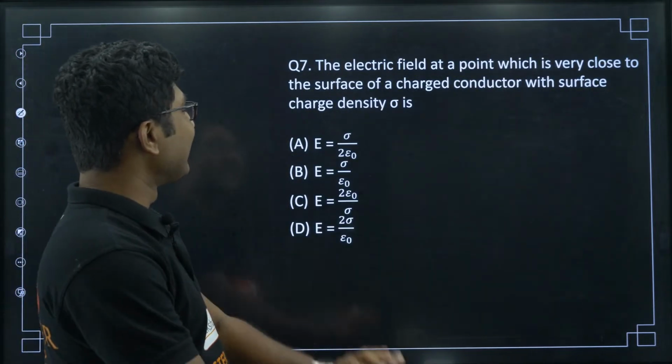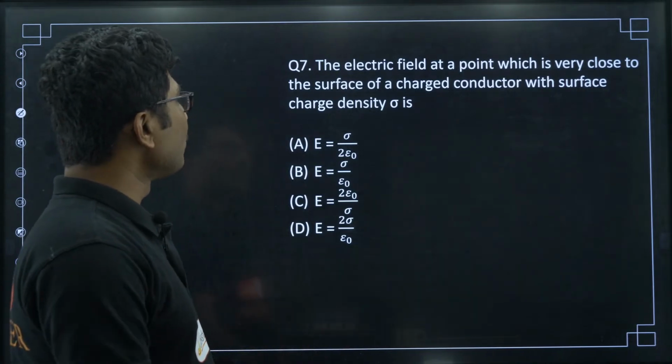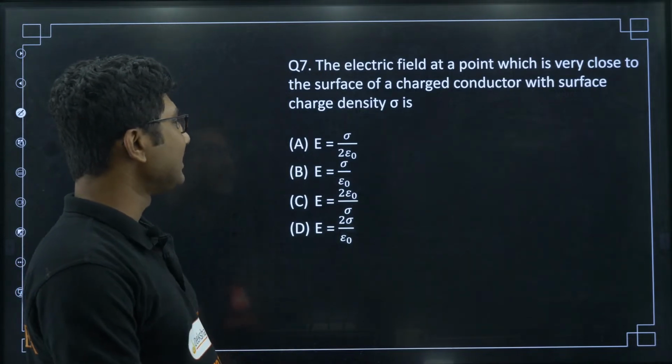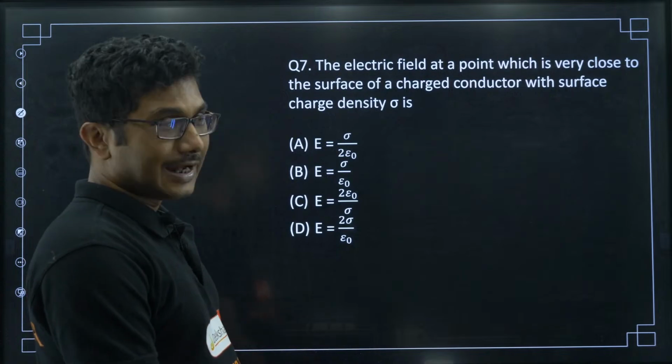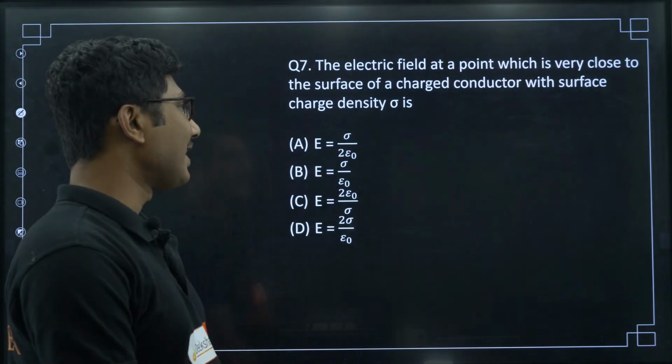Question number 7. The electric field at a point which is very close to the surface of a charged conductor with surface charge density sigma is. Another easy question, if you know the formula you can answer it like flash.